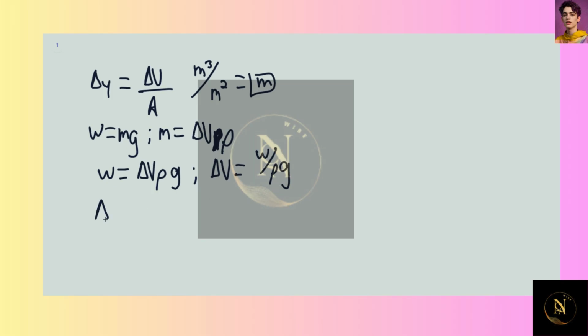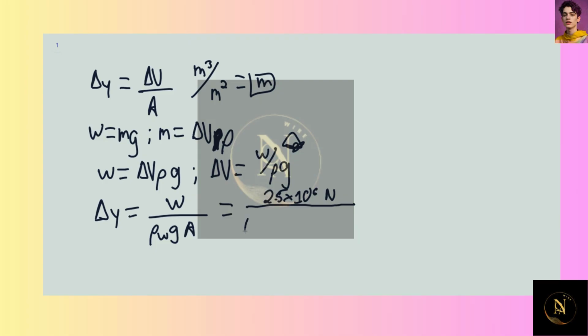So we can say that the associated height change is going to be delta V, which we're going to substitute this in for. And we have the weight divided by the density of water times the acceleration due to gravity times the surface area of that water. Simply need to plug in. So we have 2.5 times 10 to the 6th newtons divided by the density of water of 1,000 kilograms per cubic meter, and then the acceleration due to gravity is, of course, 9.8.